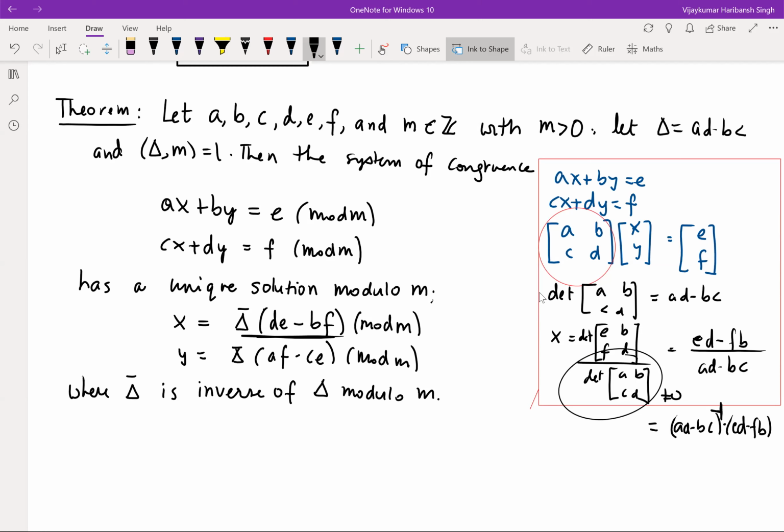So it is in some sense Cramer's rule. Now, having a fraction like that doesn't make sense in modular arithmetic. It basically means that you're taking the inverse of that modulo m, and hence this result. So we will mimic the proof of Cramer's theorem here. The only thing we have to be careful about is that when we are going modulo m, certain operations are not allowed. Okay, so let's proceed with the proof of this.